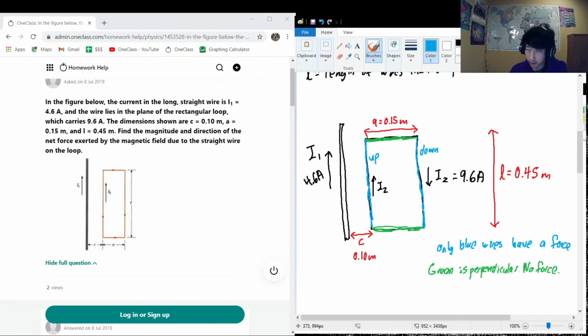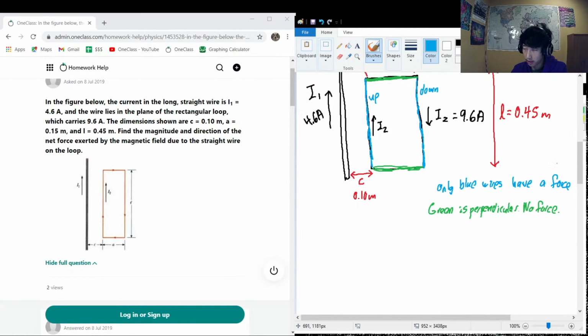Essentially what we want to do is find the net force experienced by this rectangle. So the net force of the rectangle, let's call it F net, is going to be equal to the force experienced just by the upwards branch, F up, plus F down.